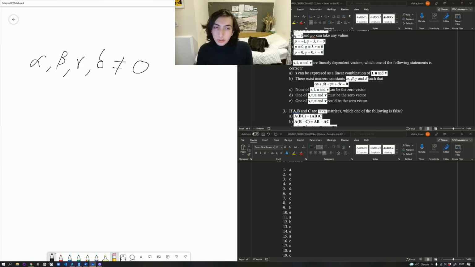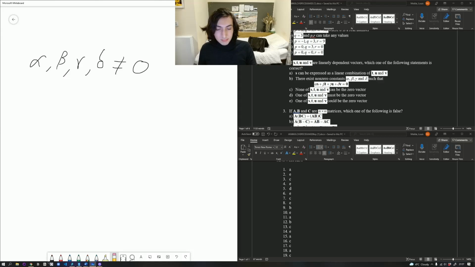So you want non-zero constants that give you that. This, however, does not rule out that one of these vectors could be the 0 vector, because that would also bring in this detail and complexity that isn't covered by this. So we'd be covering the next three.